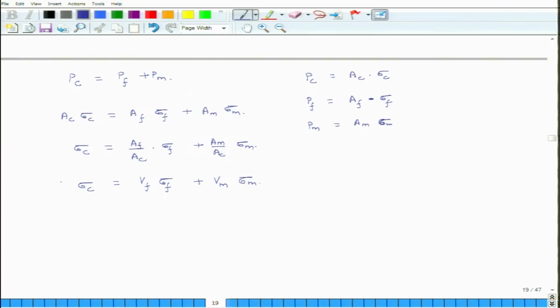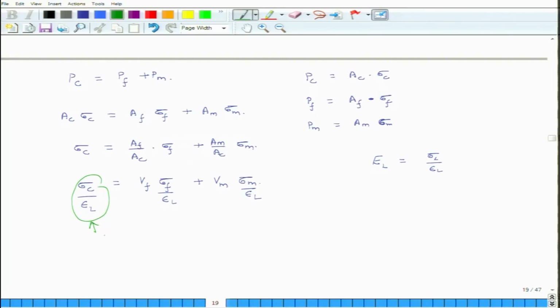Okay. So, what was our goal? Our goal was to find the Young's modulus. Now, Young's modulus of composite EL is equal to what? Stress in the composite in the length direction divided by strain in the length direction. So, I divide this entire equation by epsilon. And what does this become?